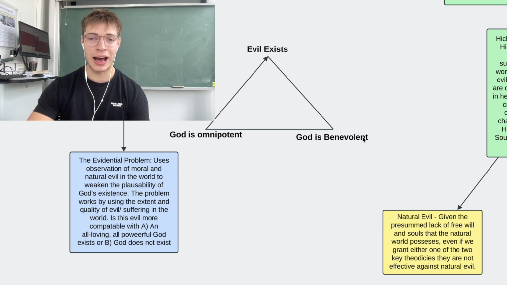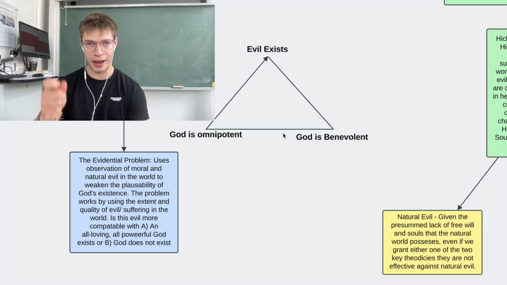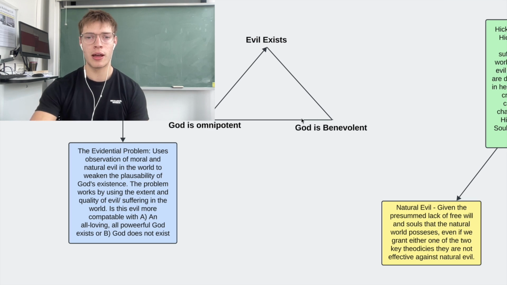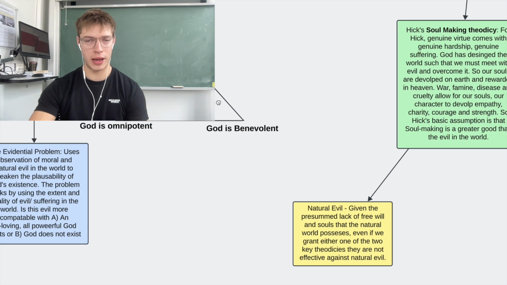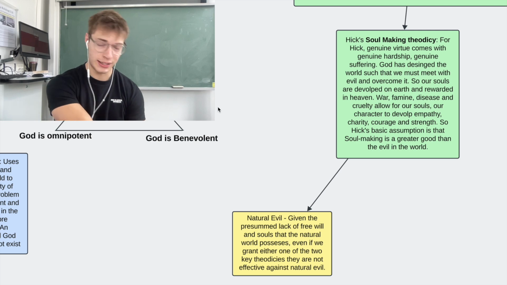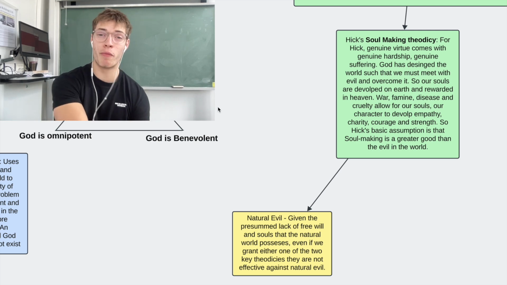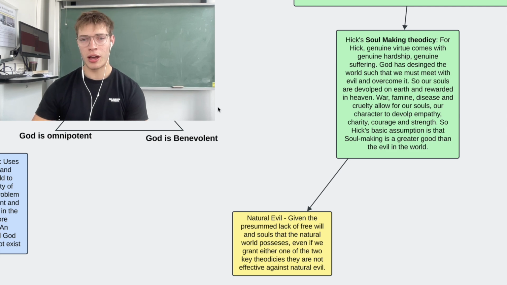God allowed evil to exist, given his benevolence and omnipotence, because he wants humanity to be as good and developed and virtuous as possible. And so that's Hick's theodicy. The idea is just that, yes, evil does exist. Evil exists for a purpose, to make us better. This is a higher good, and it outweighs the evil in the world.